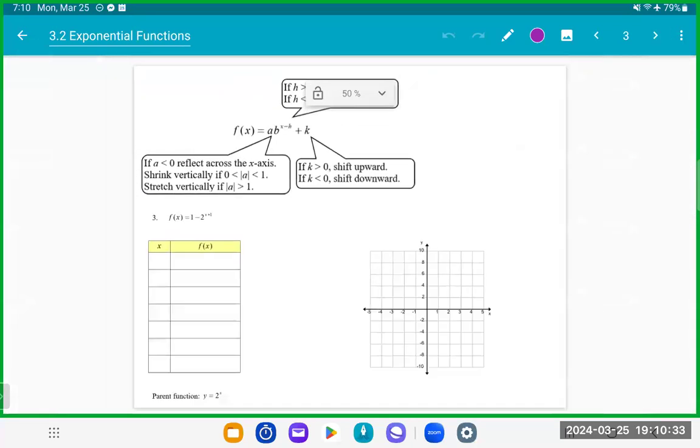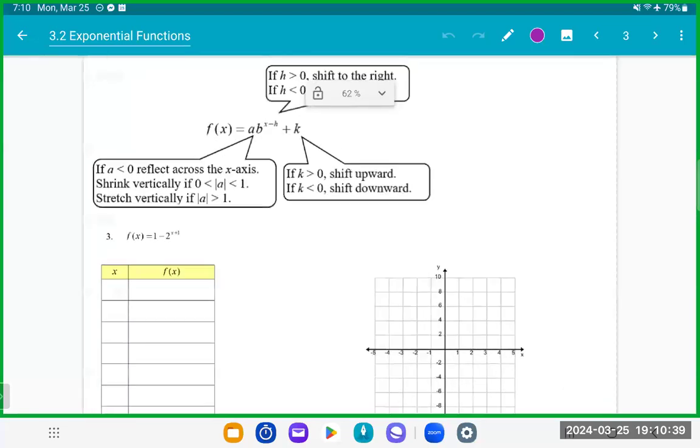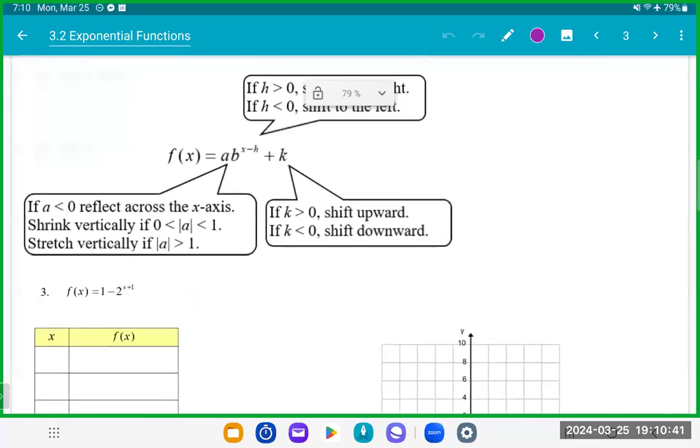All right, so just as we had transformations and shifts with our chapter 1 stuff, these logarithmic and exponential functions that we're going to cover tonight can also be shifted. Okay, and we can use our transformations to help us with this.